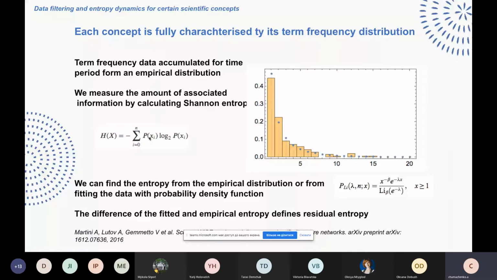You can also say, okay, let us fit this distribution with some continuous function, or in this case, a discrete function, and calculate the Shannon entropy out of this fitted distribution.